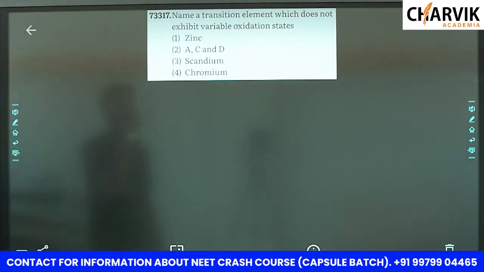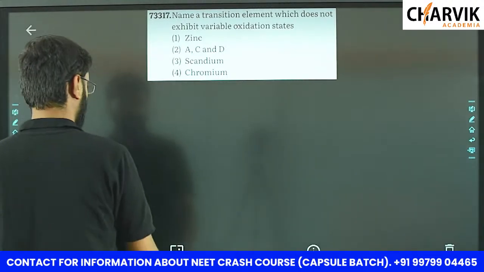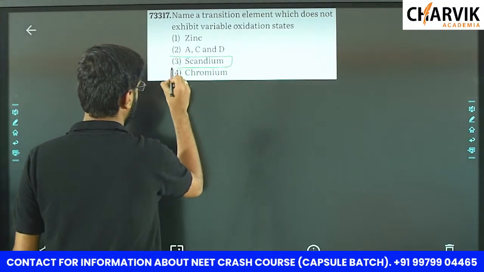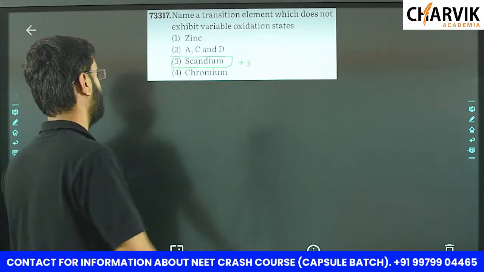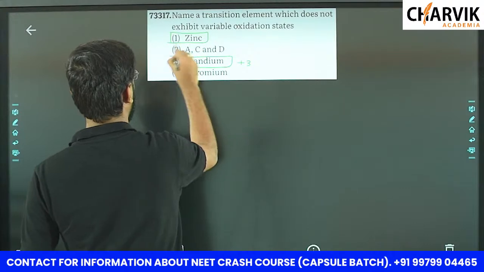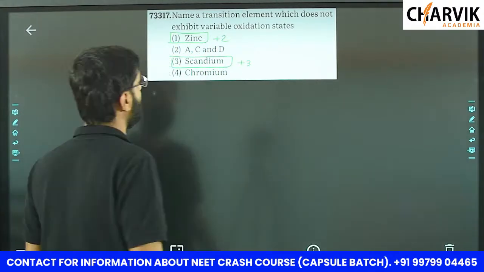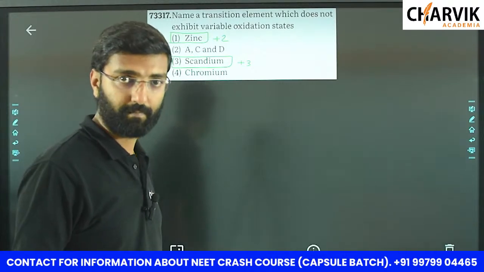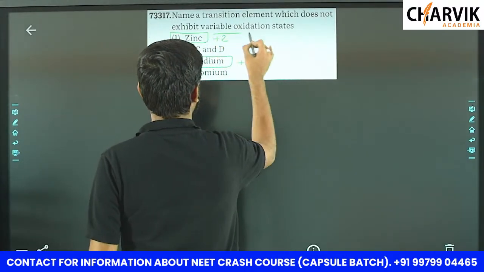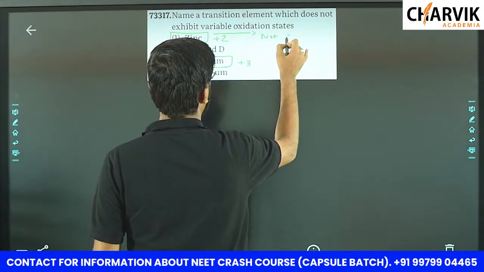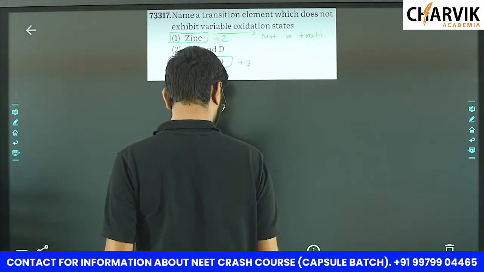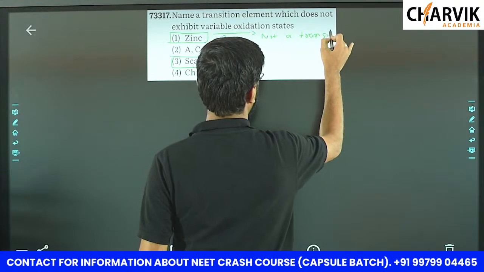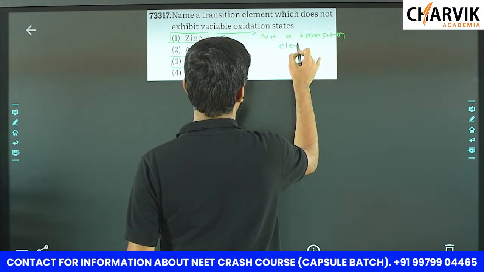Name of the transition element which does not exhibit variable oxidation state. Friends, this is your correct option, plus 3. Very easy question. Now, according to your doubt, zinc has a plus 2 oxidation state and that is fixed. But my dear friends, zinc is not a transition element.